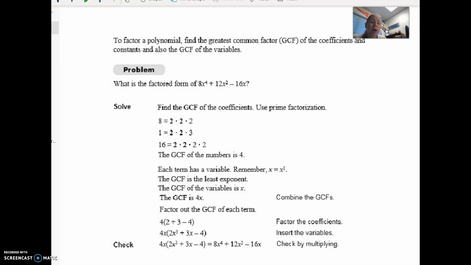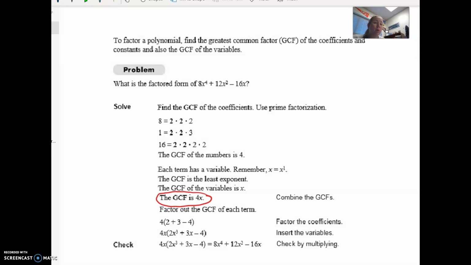Well, 4 will go into 8, 12, and 16, and it's the largest number. So 4 would be my GCF. But we also need to look at our variable. Here they all have at least one x in common, so I would also include that in my GCF. So the GCF for this trinomial would be 4x.